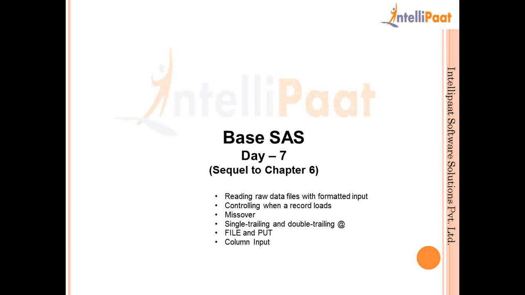I know you might not have any idea about it, but we'll discuss in detail. Then we'll see how to create data sets using column input. We did discuss how to create data sets using list input and the input statement, but now we'll be discussing creating data sets using column input.